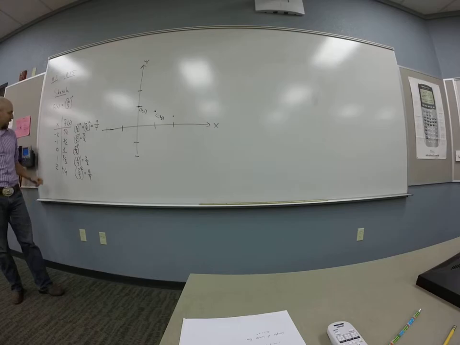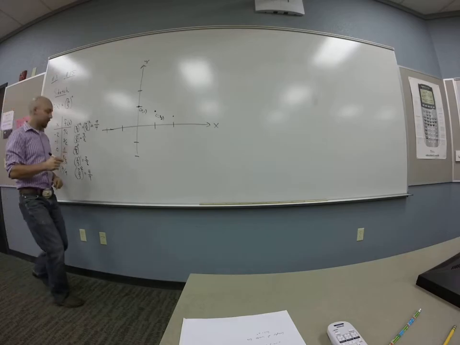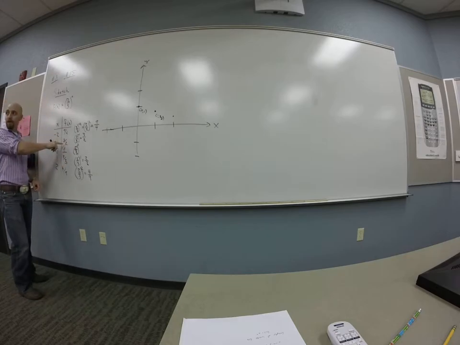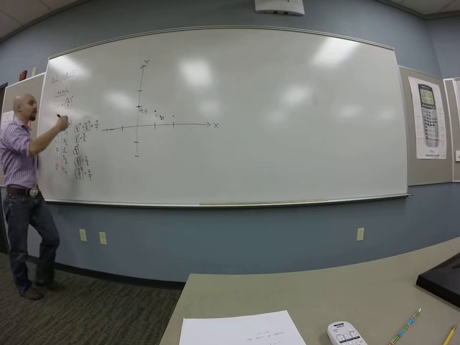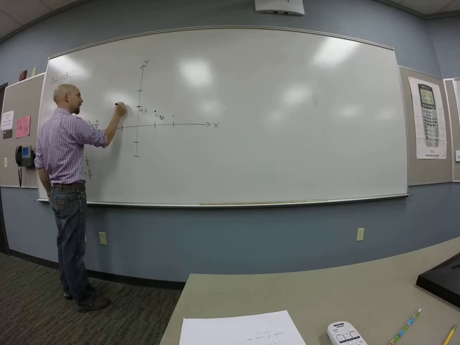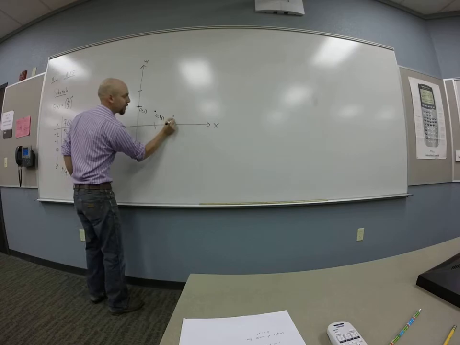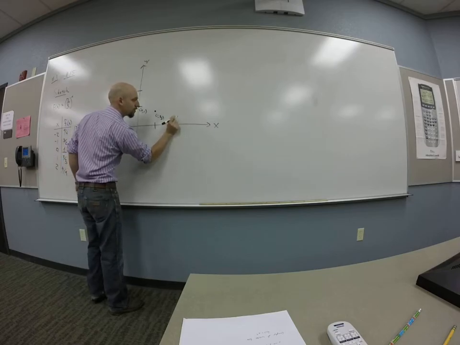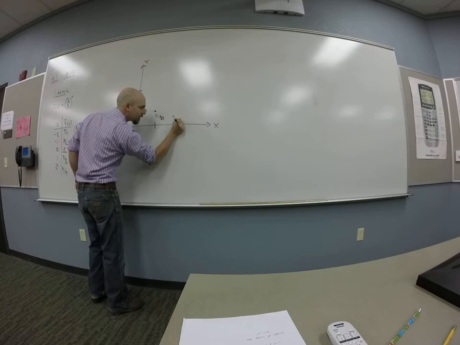How about on the other side? Go -1 and 1.5. So I go back 1, up 1.5, puts me in about here. So that's -1, 3/2. Forgot to label this guy, that's 2 and 4/9.